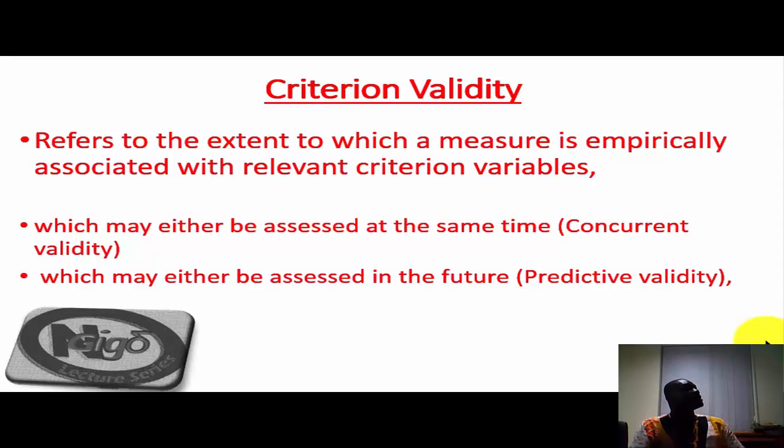To validate an instrument, there is another way you can do this kind of validation. That is concurrent validation, but it happens with just certain specific instruments where you can use the qualitative to validate the quantitative. In this particular instrument, you have a qualitative session where the people write their own opinion on matters.